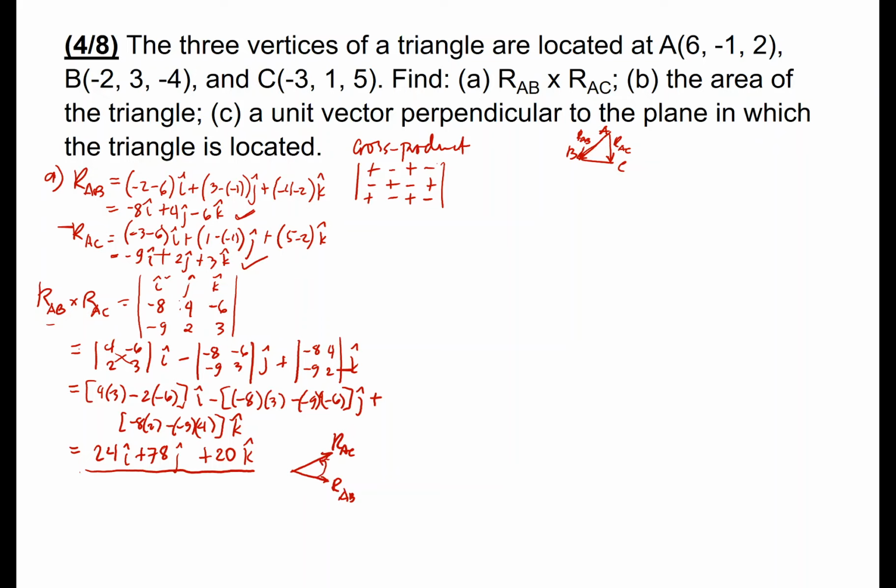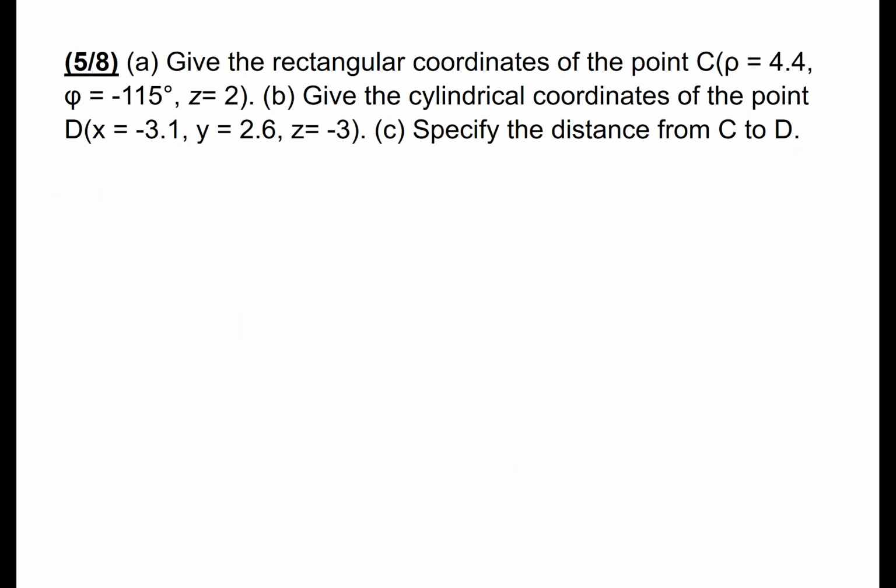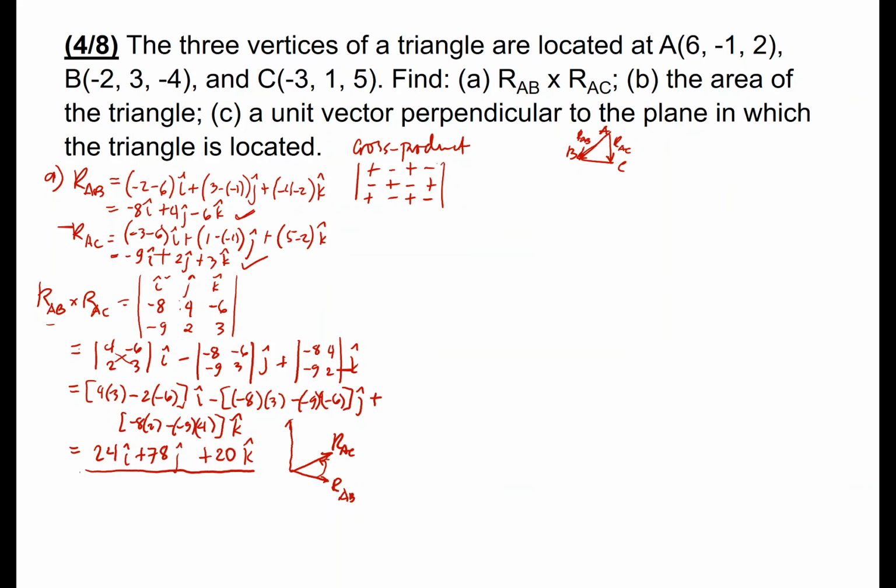If you use your right hand rule, from RAB to RAC, you will get this. Your right hand thumb will point this way. So RAB cross RAC, and your thumb is pointing upward. So this is the value here.